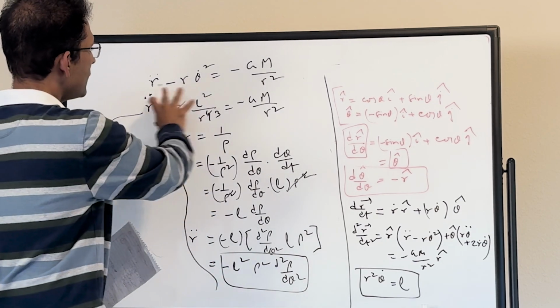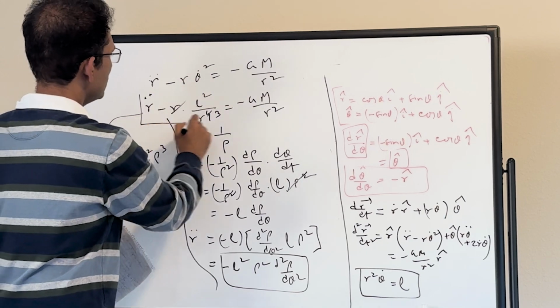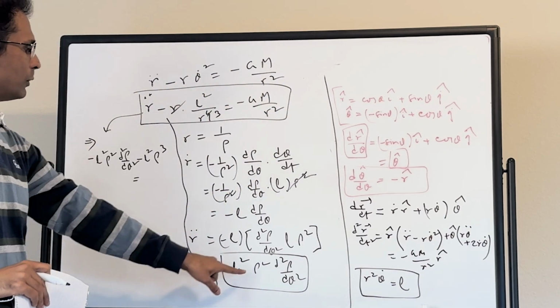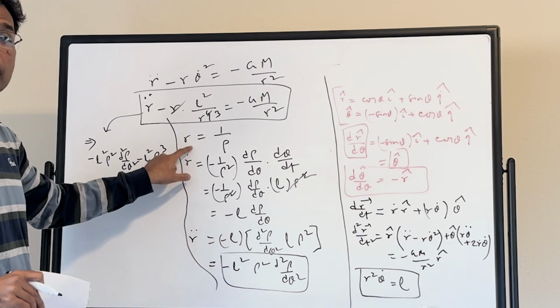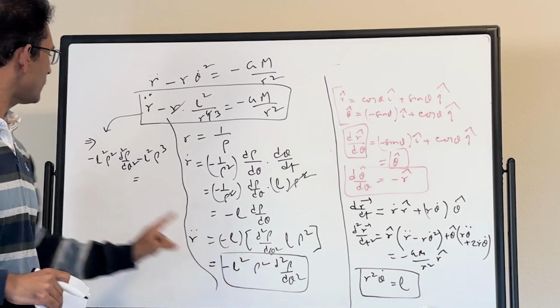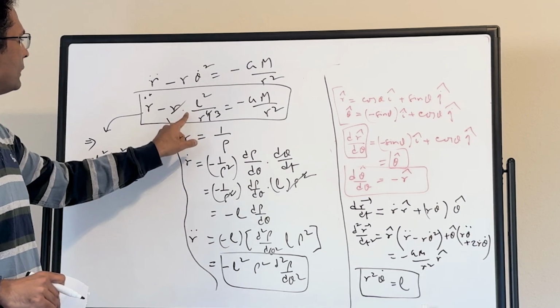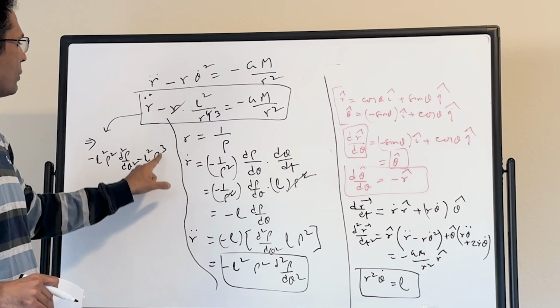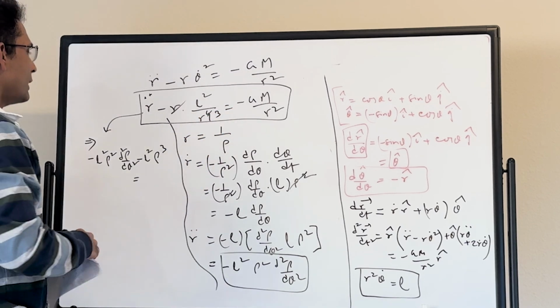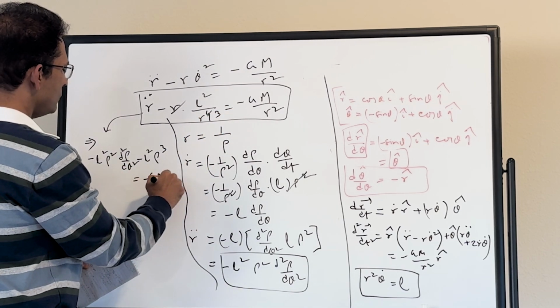All I'm doing is focusing on this equation, and I'm going to make use of this definition. So r double dot is what I got there. This is the first term. And then you have minus L squared rho cubed, since 1 over r cubed is just rho cubed. And then on the right side, I'll write minus GM rho squared.